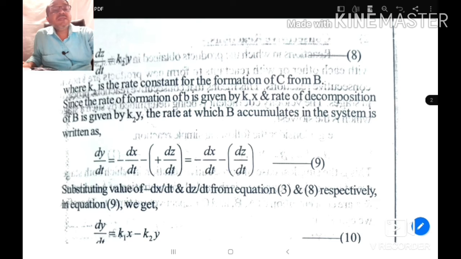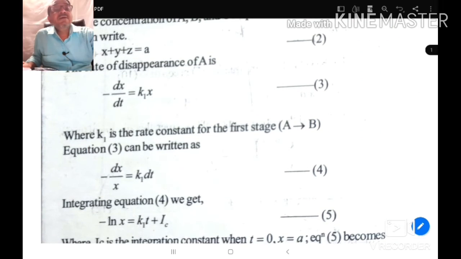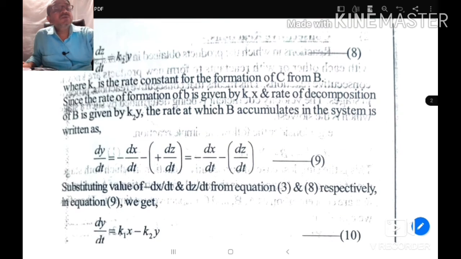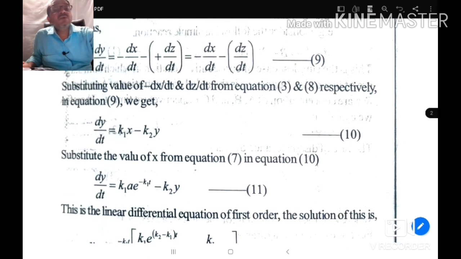Substituting the values of minus dx by dt and dz by dt from equations 3 and 8. Let us see equations 3 and 8. Equation number 3: minus dx by dt is equal to k1x. Equation number 8: dz by dt is equal to k2y. So we place these in, and dy by dt is equal to k1x minus k2y.